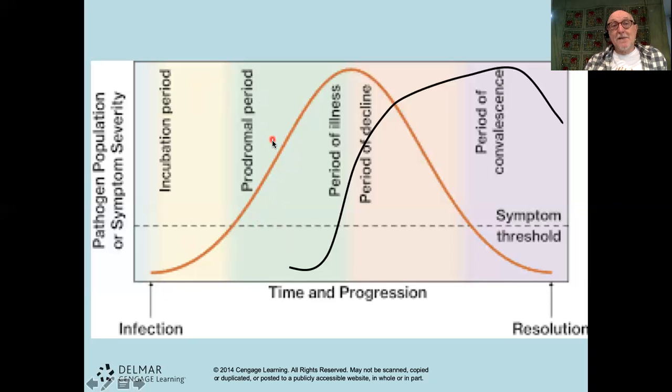Because a lot of the symptoms that you feel, for instance, with a common cold, you feel actually because of your immune system. Your immune system causes your temperature to rise. Your immune system causes inflammation where the cytotoxic T cells are starting to kill throat cells that are infected with virus.